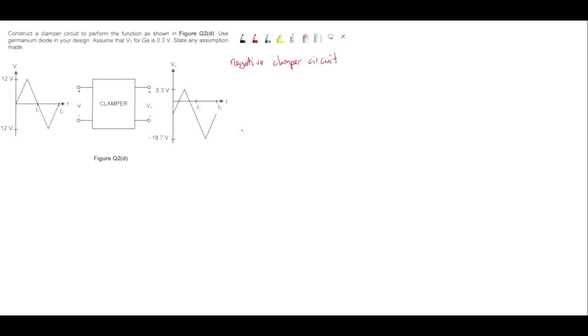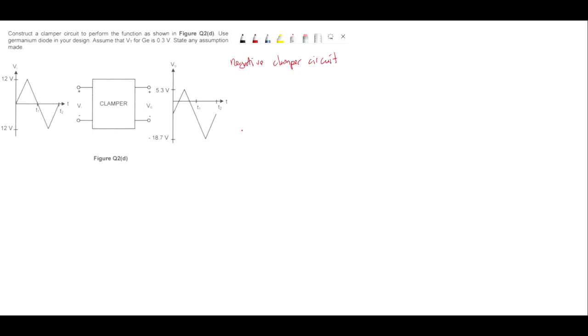Sebab apa? Your waveform shift downward, right? Kalau your waveform shift upward, so you need to use positive clamper circuit. Alright, so for the negative clamper circuit, right, you need to design. You need to design the negative clamper circuit.